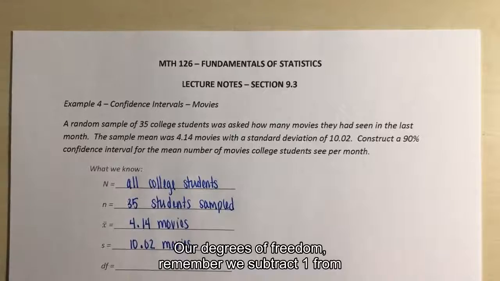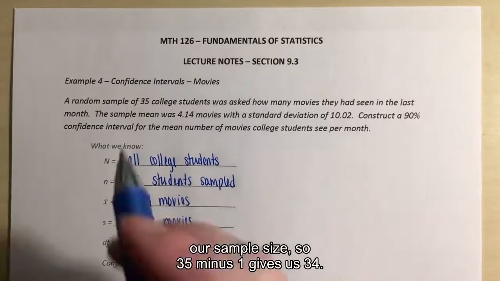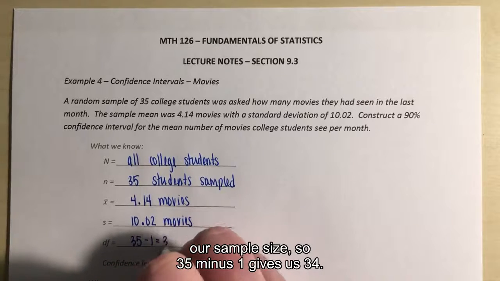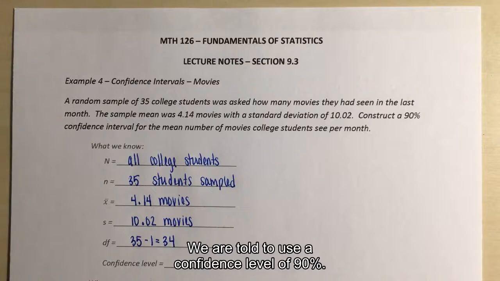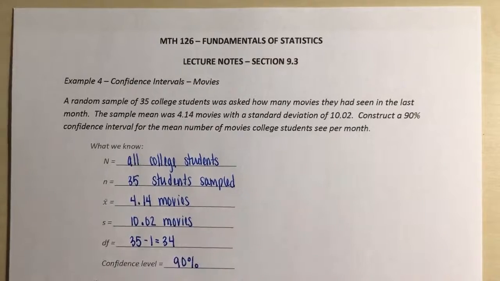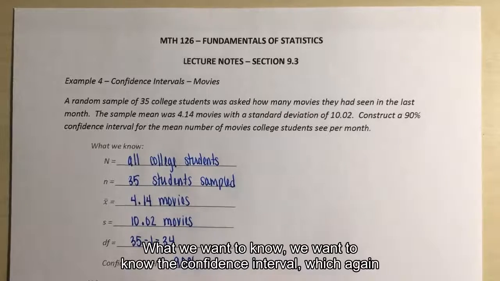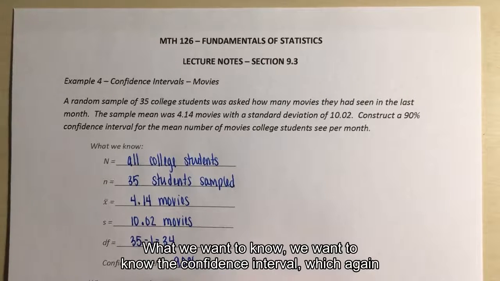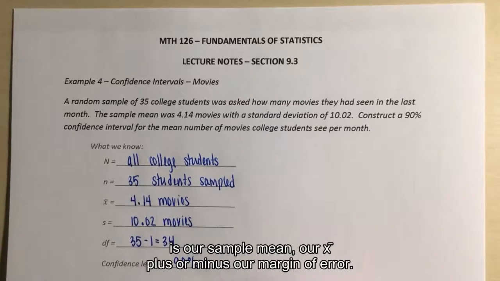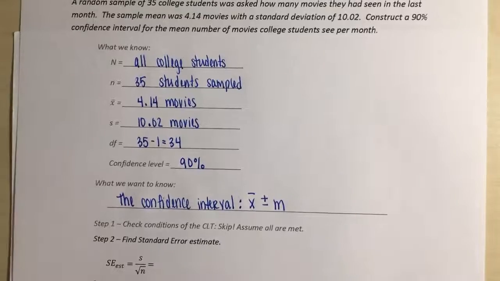Our degrees of freedom, remember we subtract 1 from our sample size, so 35 minus 1 gives us 34. We are told to use a confidence level of 90%. And what we want to know is the confidence interval, which again is our sample mean, our x bar, plus or minus our margin of error.